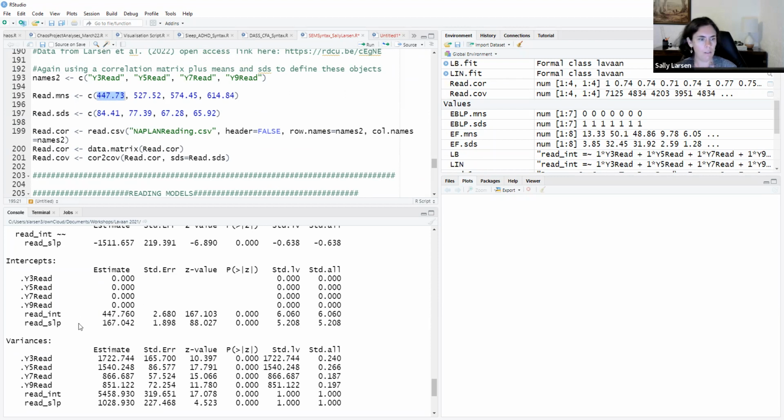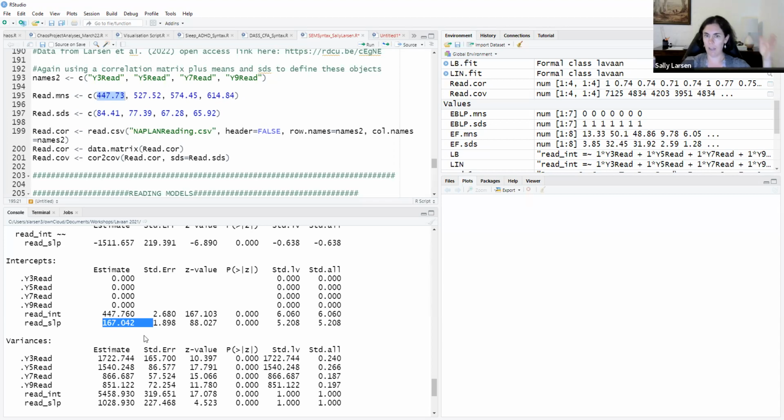Okay, and then the slope has got an average value too. So that represents, on average, how much progress a student's making from year 3 to year 9. And if you subtract 447 from 614, you'll get that value. And so that's not quite intuitive.